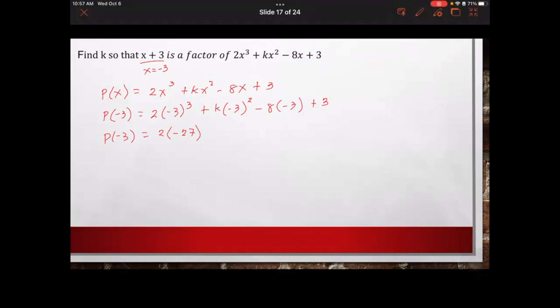Kasi ito ay negative 3 times negative 3 times negative 3. This is 9. Tapos times negative 3. So, it will be negative 27. Tapos 3 squared is plus 9k. Tapos 8 times 3, that's positive 24 plus 3.